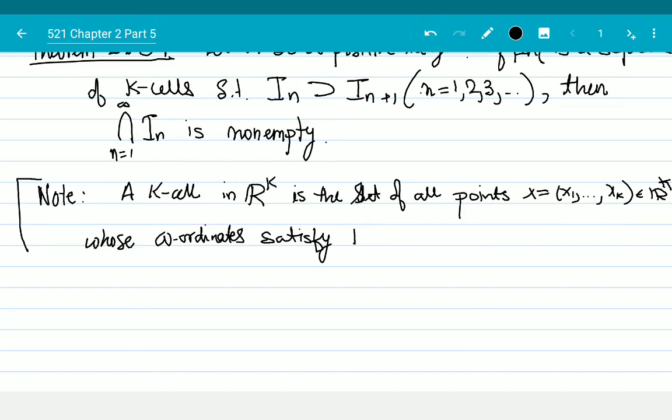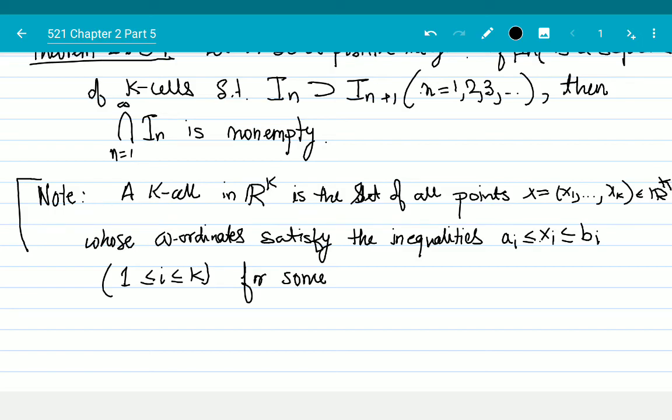satisfy the inequalities a_i smaller than or equal to x_i smaller than or equal to b_i for every i, for 1 smaller than or equal to i smaller than or equal to k, for some given a equal to (a_1, ..., a_k) and b equal to (b_1, ..., b_k).